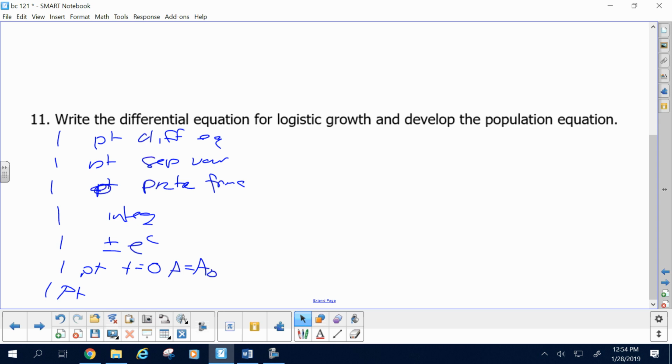Was it an A? And I circled the wrong answer.